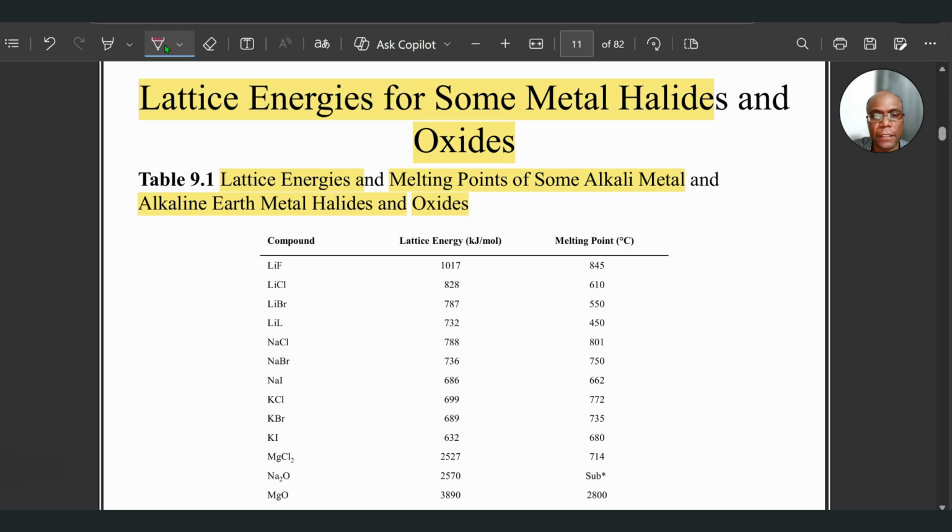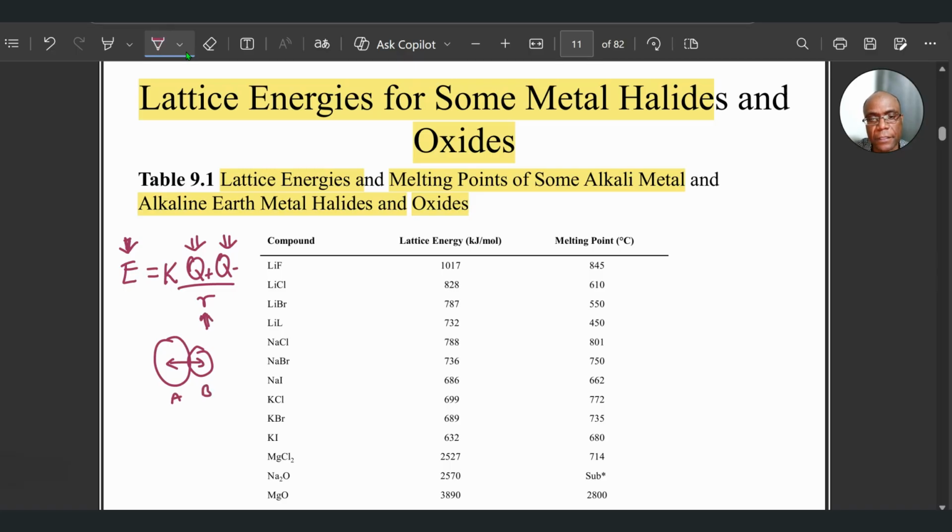So like we said, the formula for lattice energy involves a constant K. You multiply the value of the positive charge of the cation, the value of the negative charge of the anion, divide by the distance between the two ions.